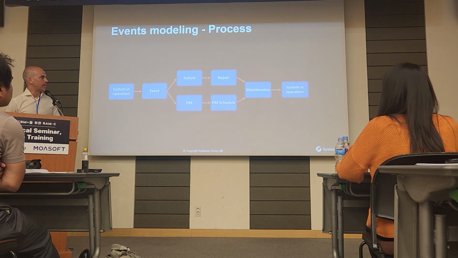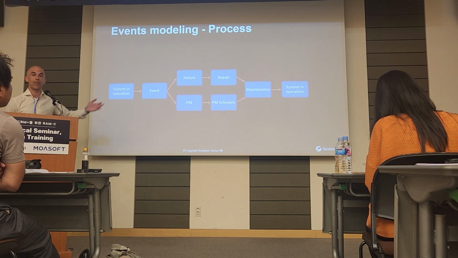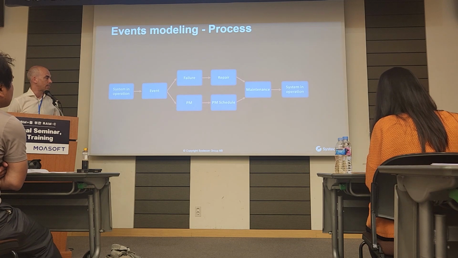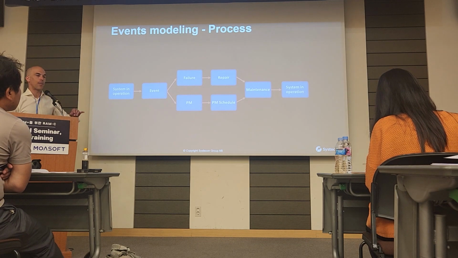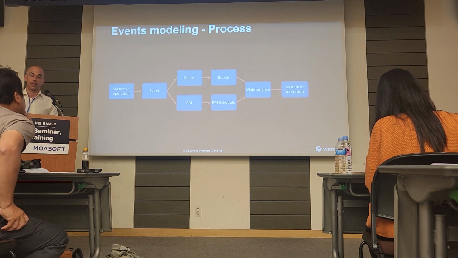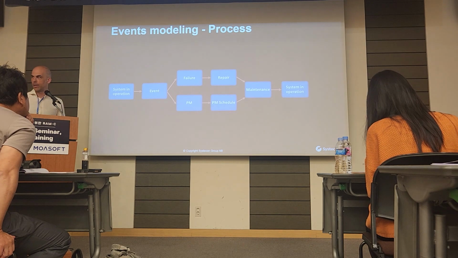This will lead to a maintenance action, could be the same action depending on what type of repair or what type of preventive maintenance action takes place. And once the maintenance is done, the system is back in operational condition again. So this is roughly the simplification of the process.